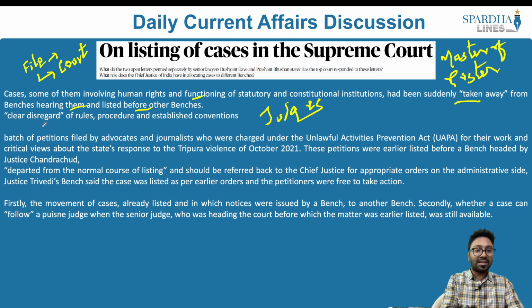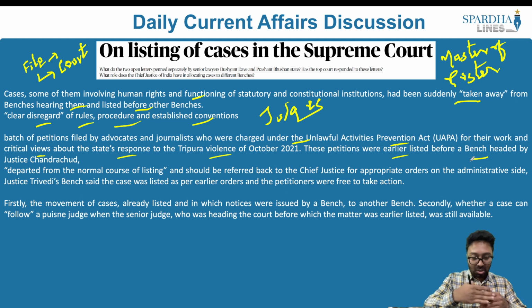So there is clear disregard of the rules, procedure and the established convention, says the author. Added to it, there are a batch of petitions filed by advocates and journalists who were charged under the Unlawful Activities Prevention Act for their work and critical views about the state's response to the Tripura violence of October 2021. These petitions were listed before a bench headed by Justice Chandrachud.